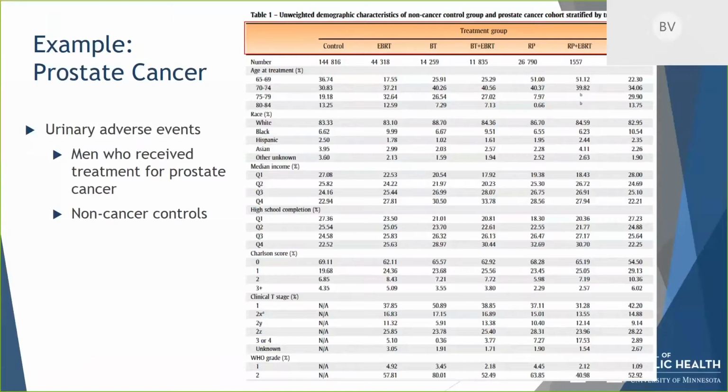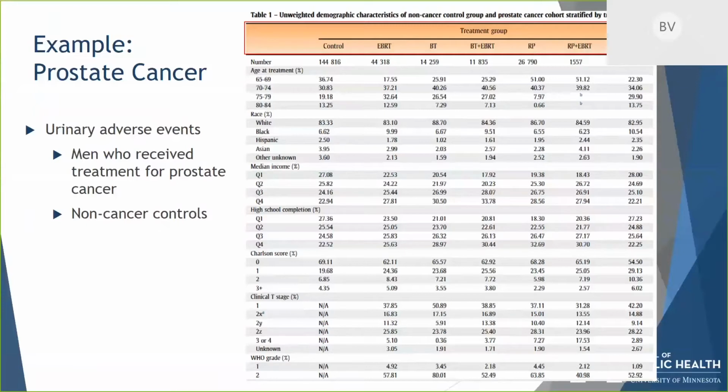And we also included a control group because what we were looking for were urinary adverse events for men who received prostate cancer treatment, and especially interested in how they changed depending on treatment group. For example, radical prostatectomy often has adverse events soon after the surgery, but we were expecting to find that radiation would have more chronic adverse events.